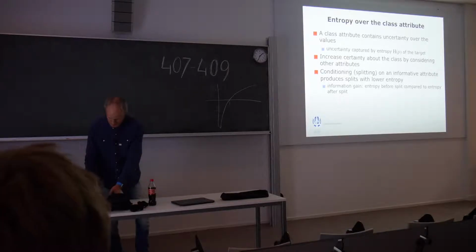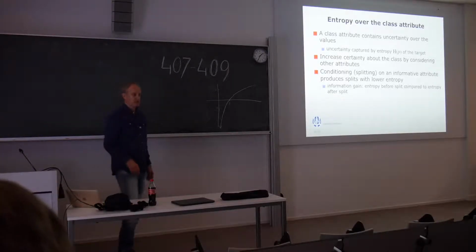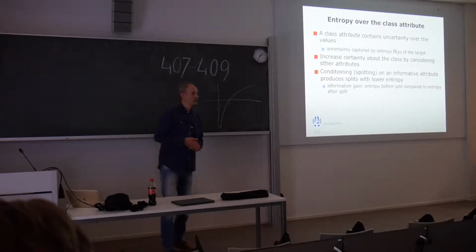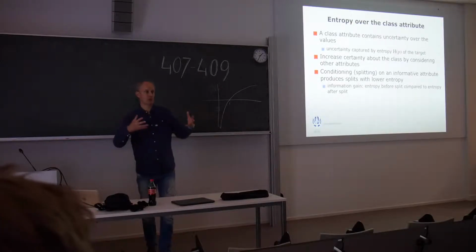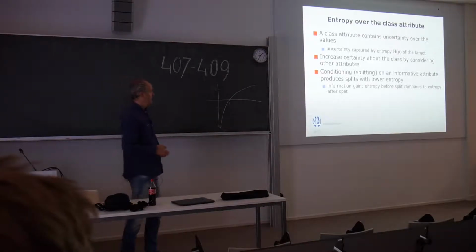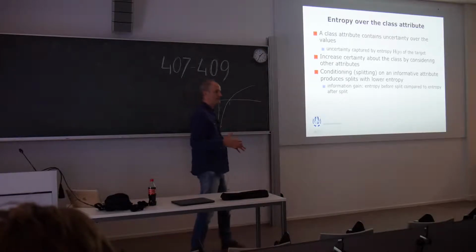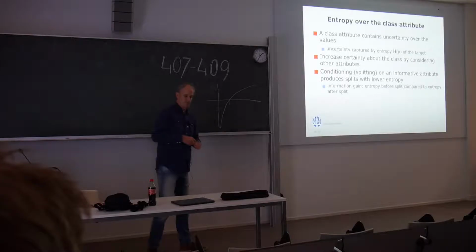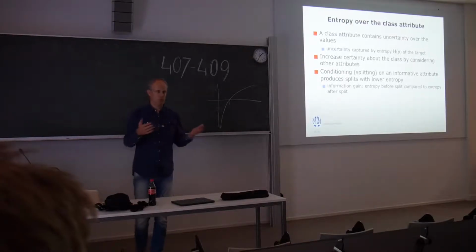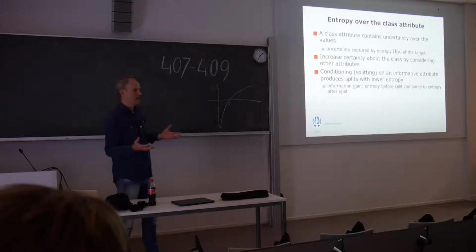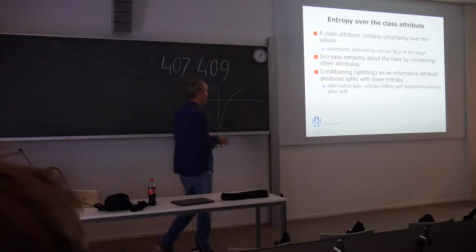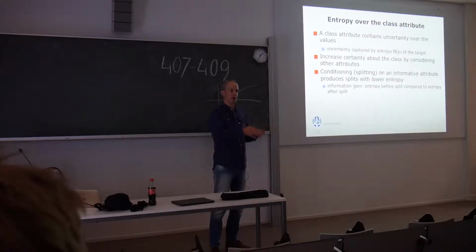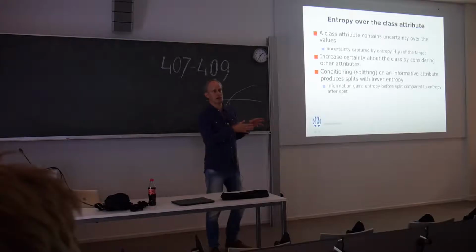So maybe we should go back one step to what we were discussing last week. Last week we were talking about entropy. And it's probably good to have this entropy view on classification also. So we were talking about entropy of whatever attribute you come across. But in this case, let's think of a specific case where you have the class attribute and there's some entropy in the class attribute.